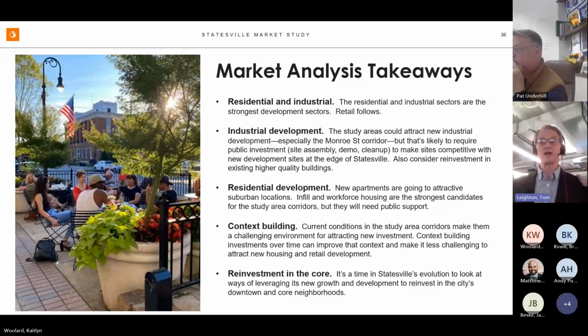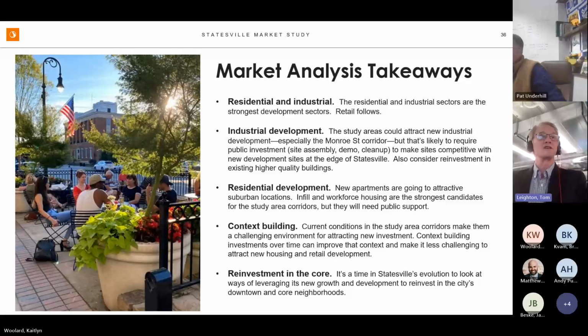As we think about this project and implementation mechanisms, you might bear that in mind. What are some of those mechanisms where we might leverage new real estate tax revenues and other prosperity that's happening in Statesville and utilize that in these core areas.